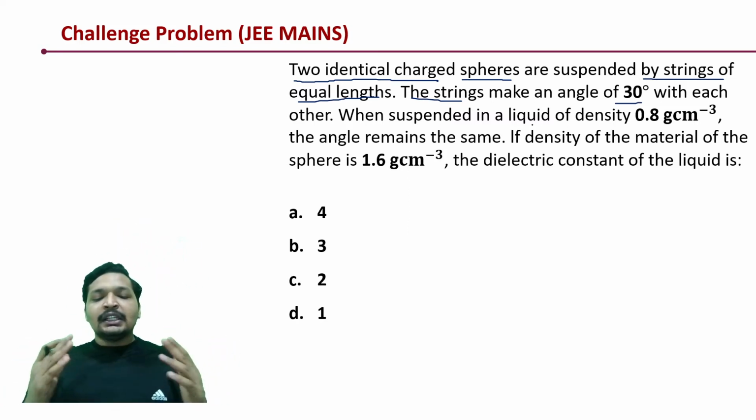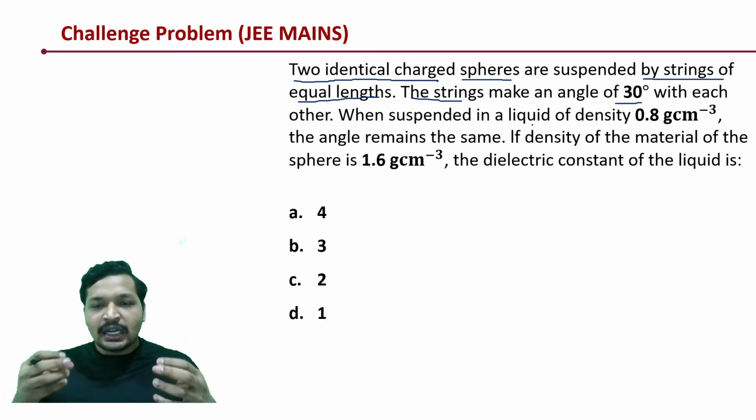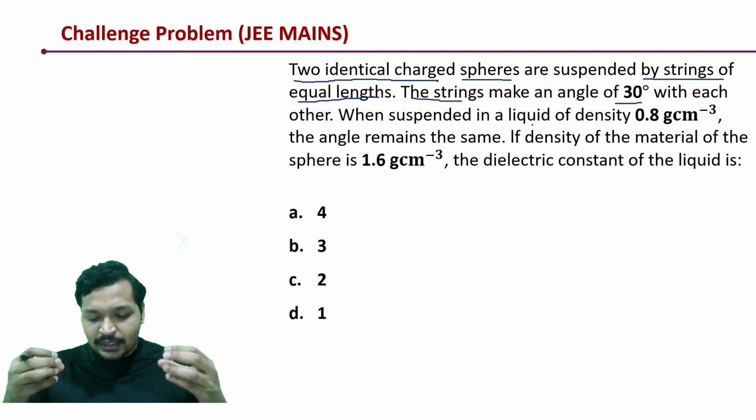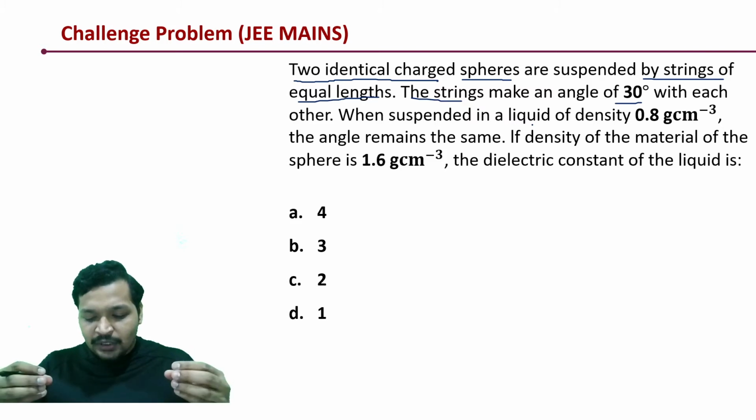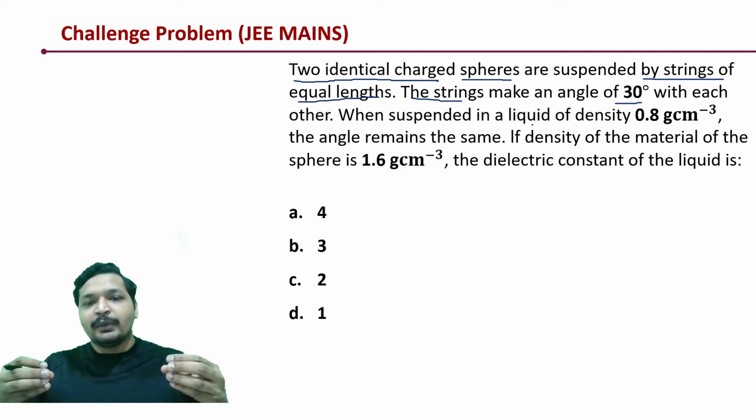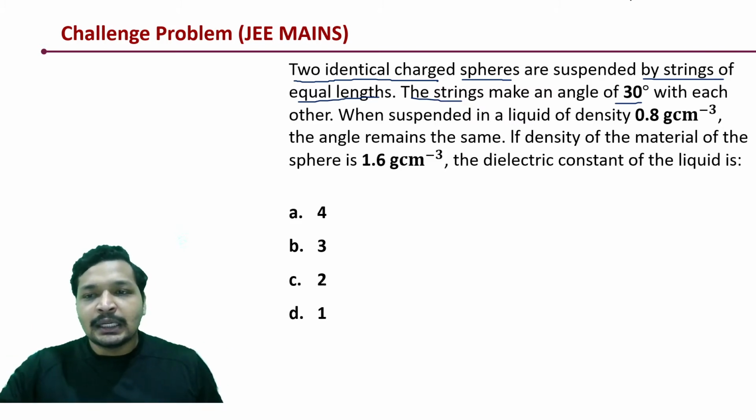Initially you had two charged spheres, you left them free, none is bound. Then you observe an angular separation between them of 30 degrees.